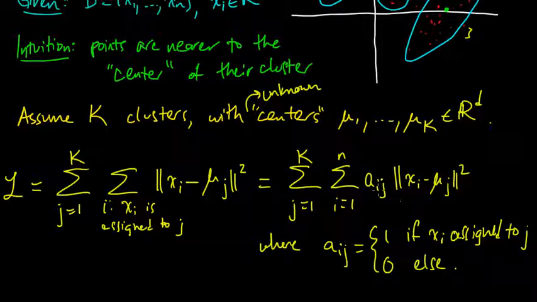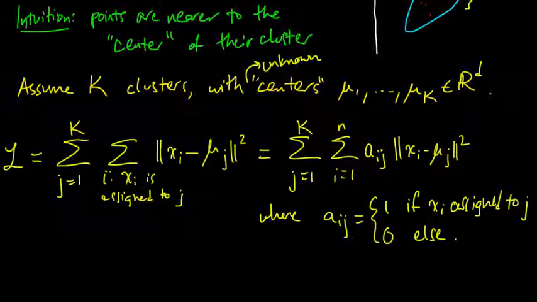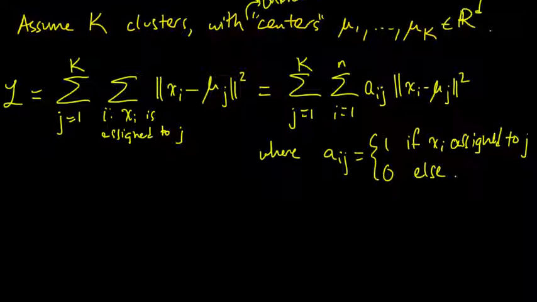You can't minimize it analytically because these a's are a binary thing. These hard assignments make it impossible to analytically minimize this. But what the k-means algorithm does is try to iteratively solve this.